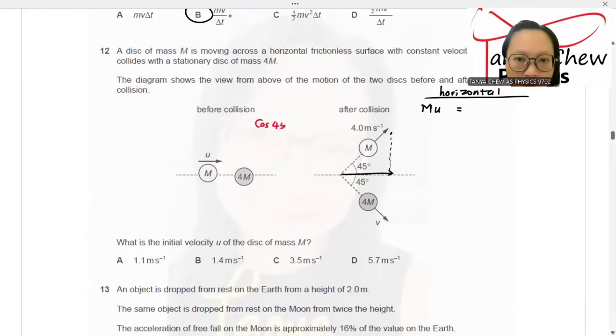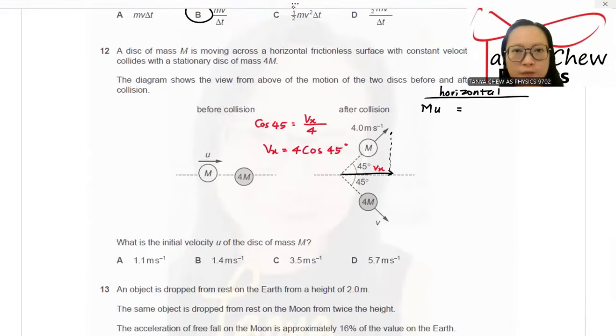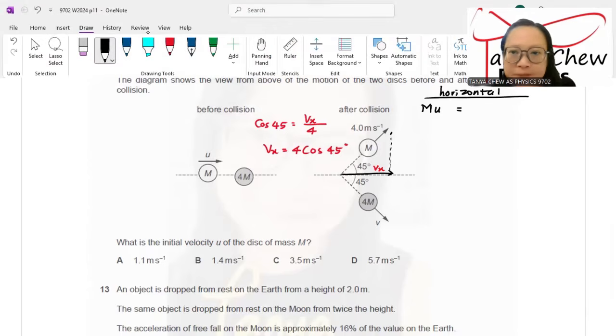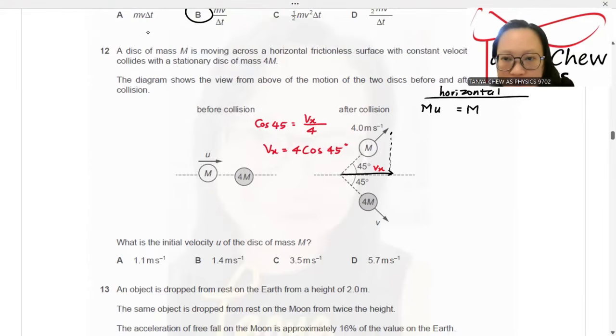Cos 45 is equal to, this is in the x direction, Vx over 4. So Vx is equal to 4 cos 45. So momentum is the mass multiplied by the final velocity, 4 cos 45.